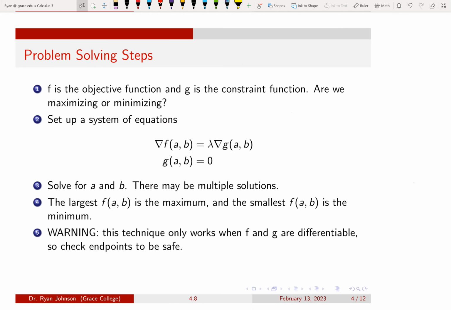So here are the problem solving steps. f is the objective function, g is the constraint function. Question: are we maximizing, are we minimizing? Set up a system of equations. So this right here is a vector equation, which might give us 2 or 3 equations depending on what dimension we're in.